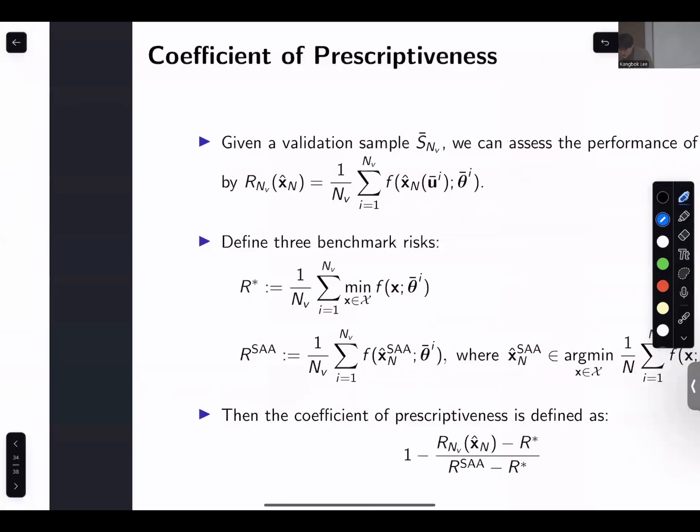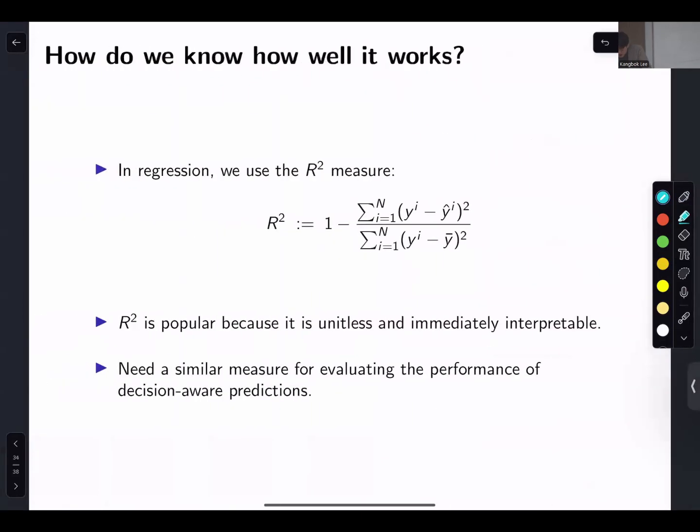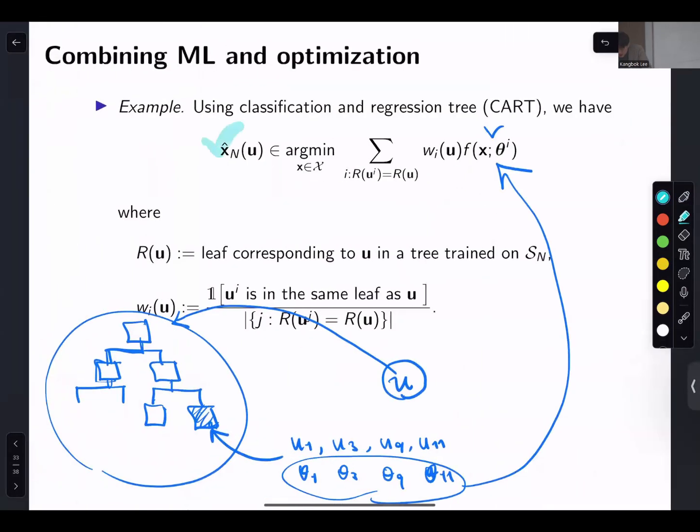Right. So one example of the recent attempts is called the coefficient of prescriptiveness. It's a bit convoluted, but basically, given a validation sample, this is the solution or the policy that you obtain by solving, say, this problem.